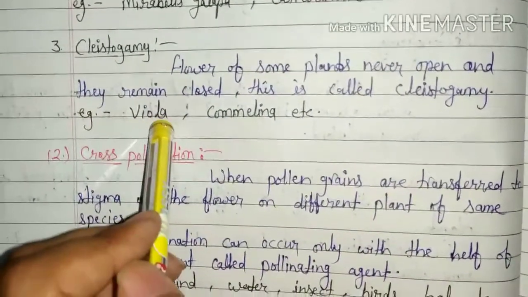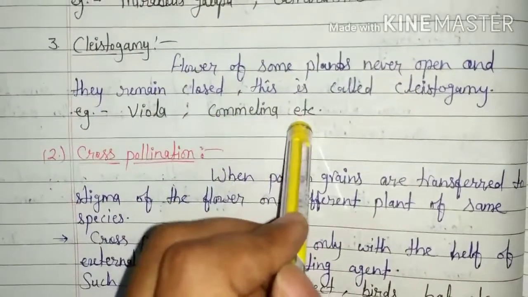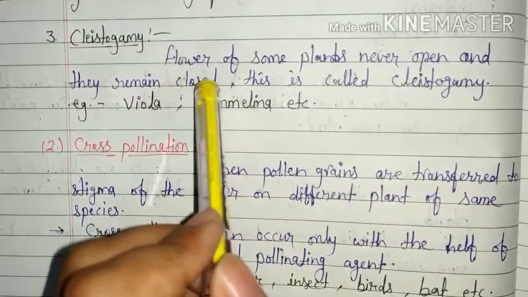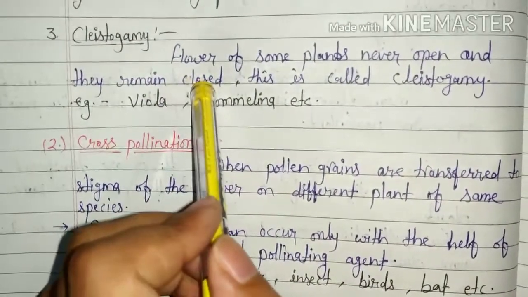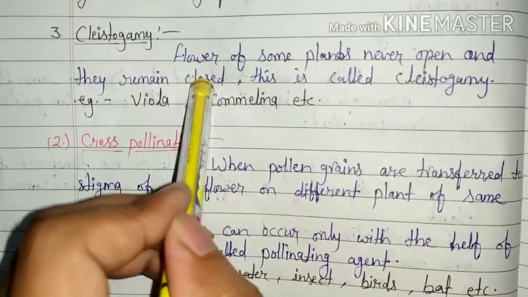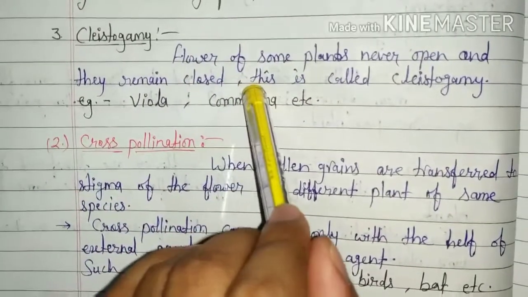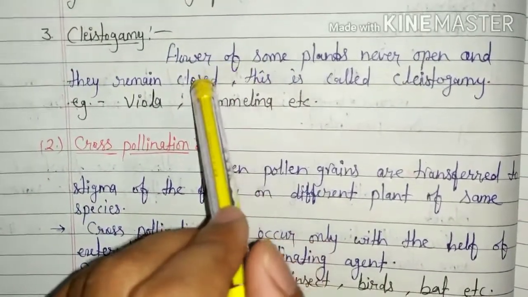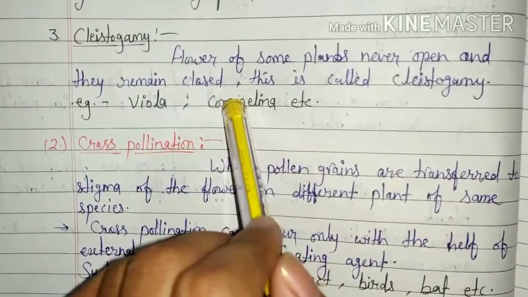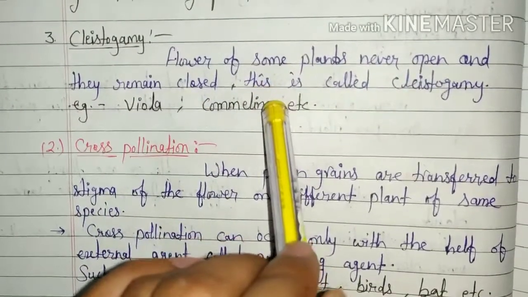For example, in willow plant flowers and Commelina, cross-pollination cannot occur because the flower is closed. Then pollen grains are transferred to the stigma in the closed flower. They cannot be released outside the flower.